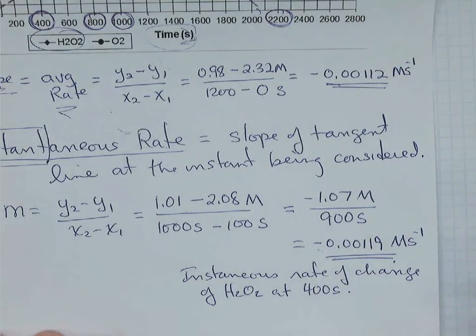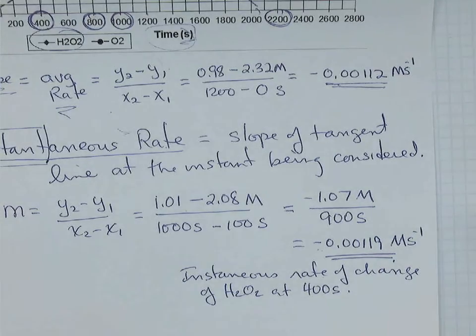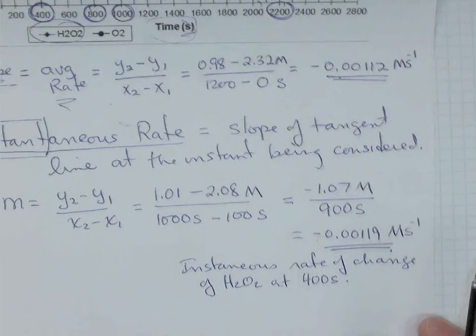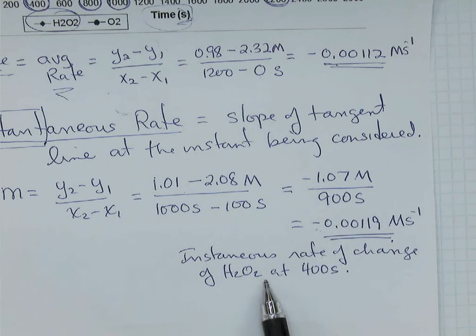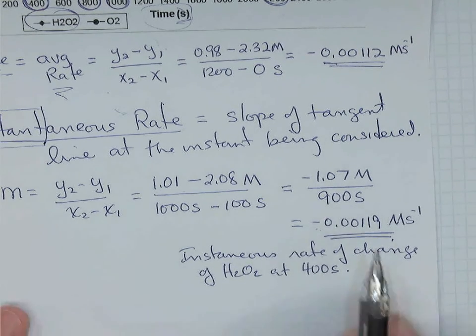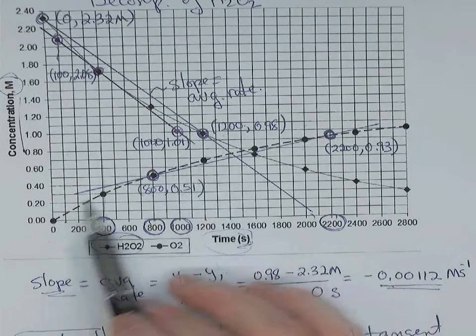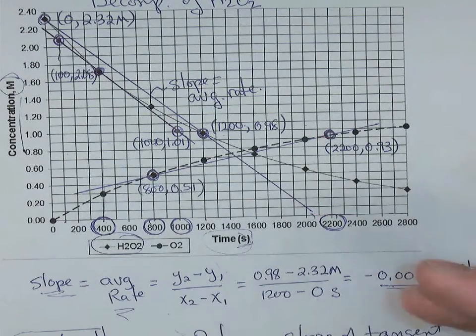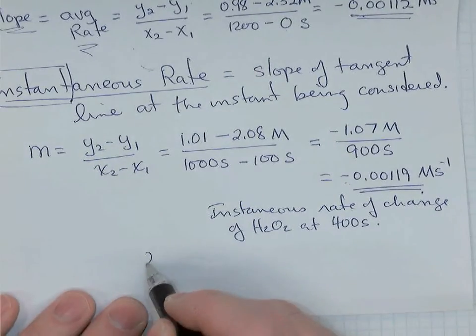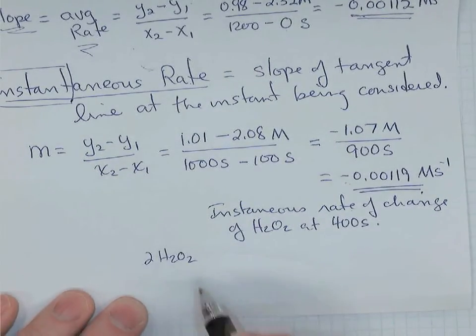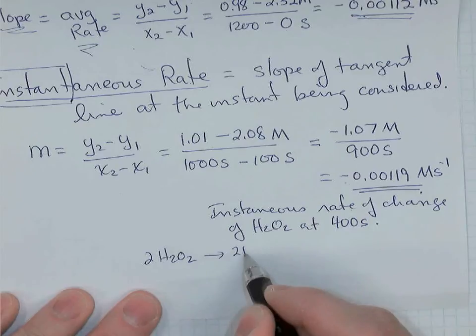Notice we could also find the instantaneous rate for the oxygen at that time without going through the whole process again of a tangent line, although we could. We can use the balanced equation. We remember that for every 2 hydrogen peroxides that decomposed, there was 2 waters and 1 oxygen.